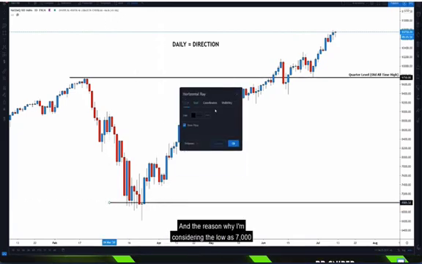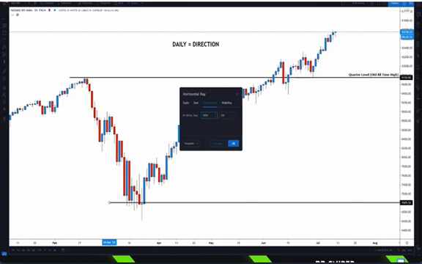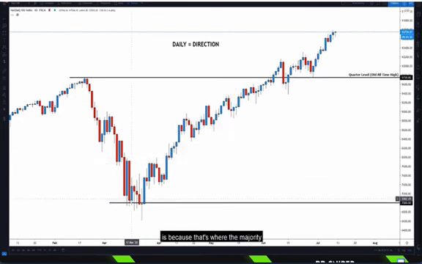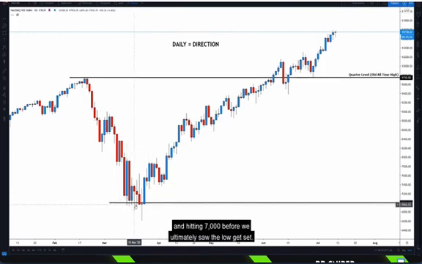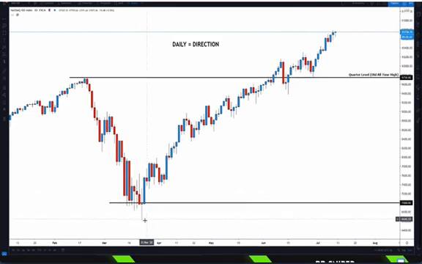And the reason why I'm considering the low as 7,000 is because that's where the majority of the candle bodies are. Even if you take a look, we do have some wicks coming down and hitting 7,000 before we ultimately saw the low get set.